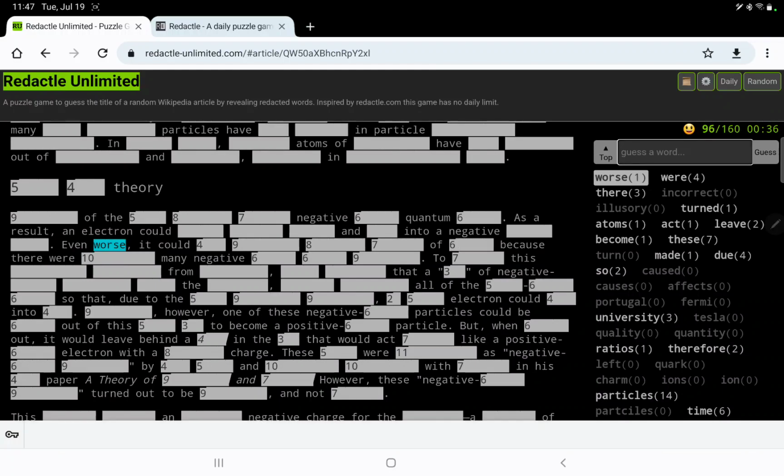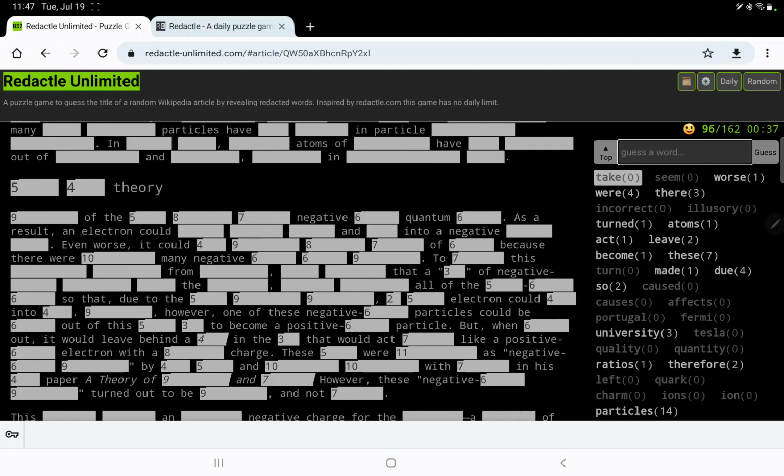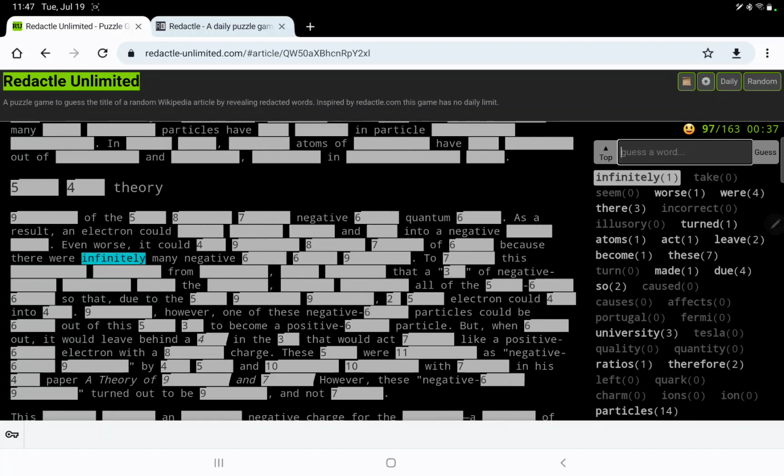Even worse, it could seem, it could have, it could take. I think I did take. No, I didn't. It could something, because there were infinitely many, not infinitely, but let's put it in anyway.